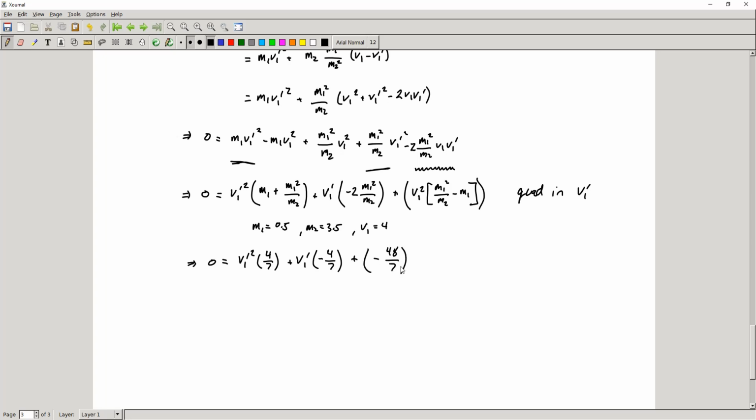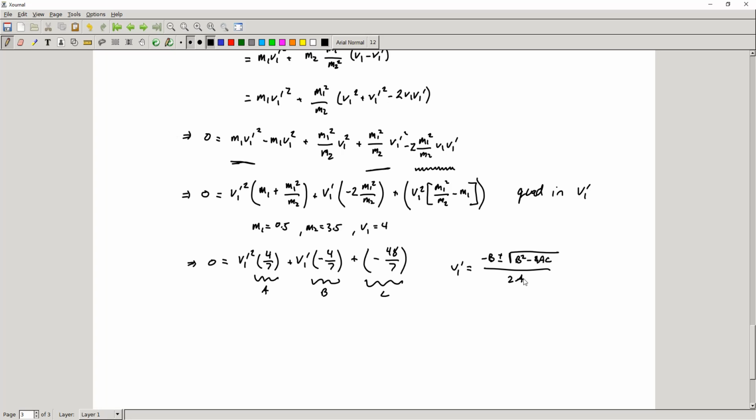And so we can identify that this is our A, this is our B, this is our C, and we can solve for v1 prime, which is just going to be minus b plus or minus a square root of b squared minus 4ac all over 2a.